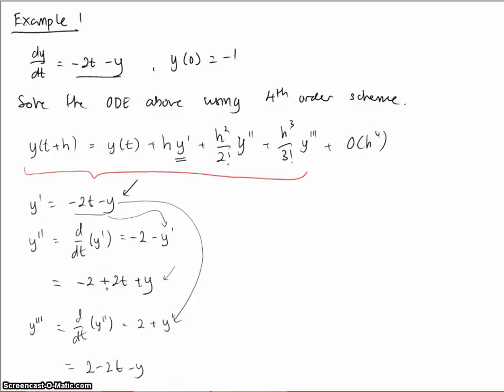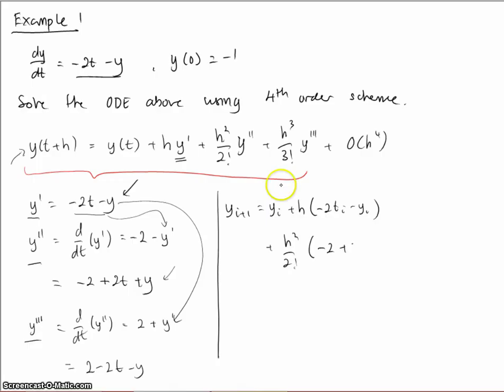Now, in order to find the value of y at the next step, since you already have y double prime and y triple prime, you can find y_{i+1} to be given by y_i plus h times (minus 2t_i minus y_i), plus h squared over 2 factorial times (minus 2 plus 2t_i plus y_i), and then you have the third order term with y triple prime.